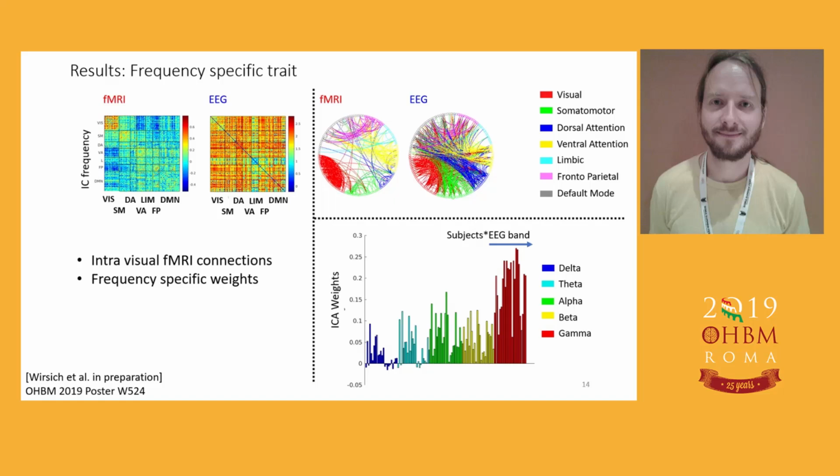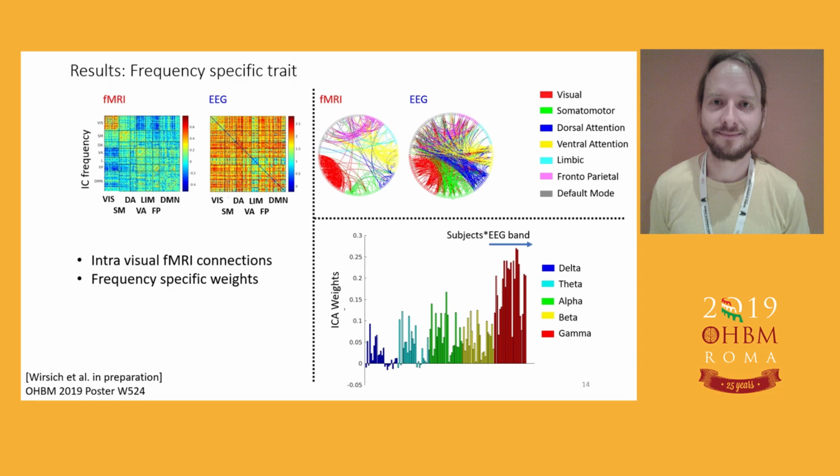In addition to that, we've found a second trait which now is weighted by the different frequency and which is organized spatially different between fMRI and EEG.